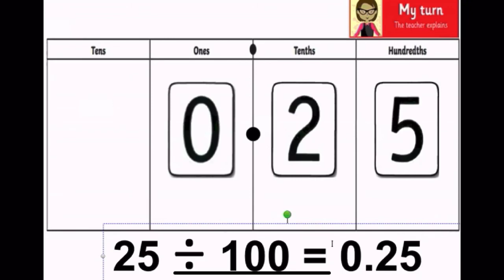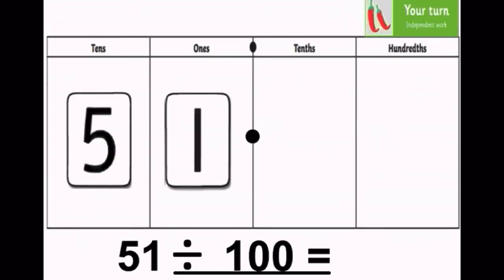And my answer to 25 divided by 100 is 0.25. Let's look at a your turn now. So I'd like you to pause the video, use your place value cards and your place value grid to help you if you need to. And remember to follow the rule that each digit needs to move 2 places to the right. Pause the video and join me in a moment to check your answer.